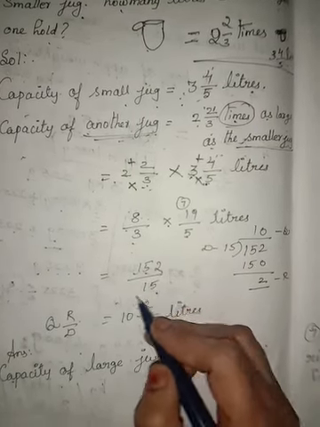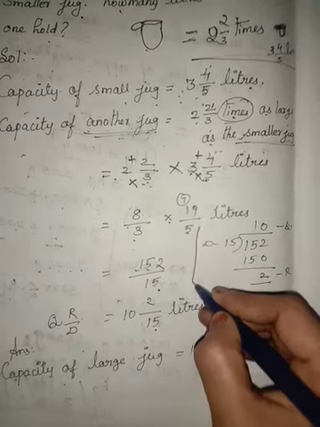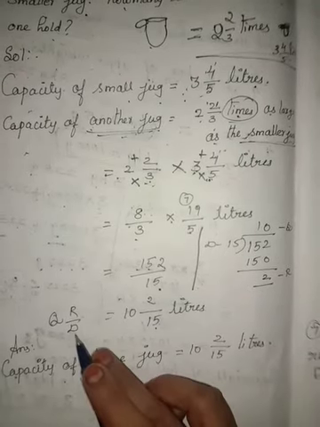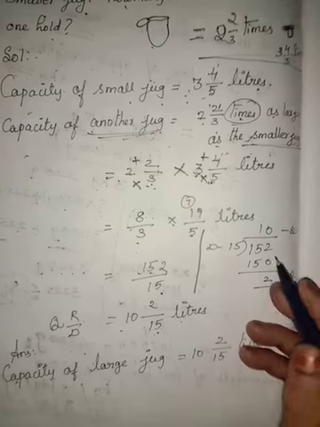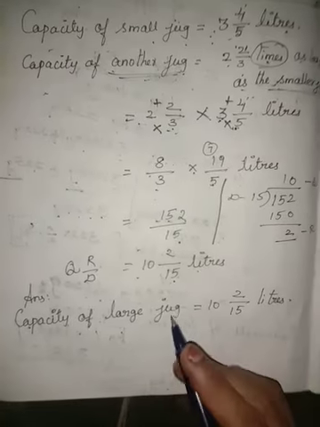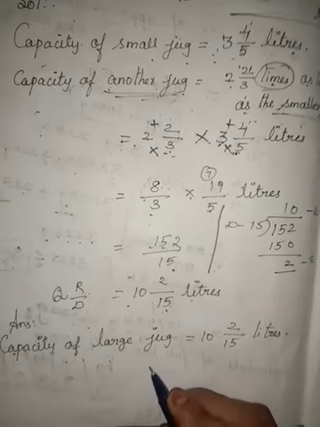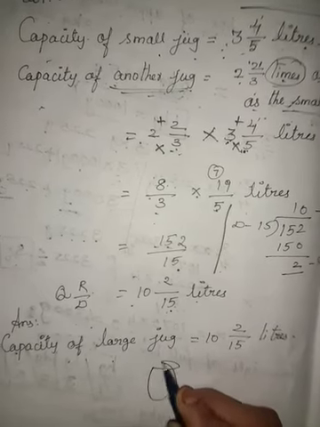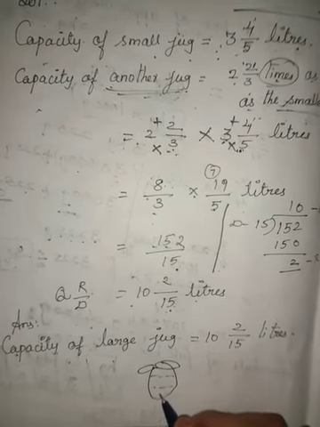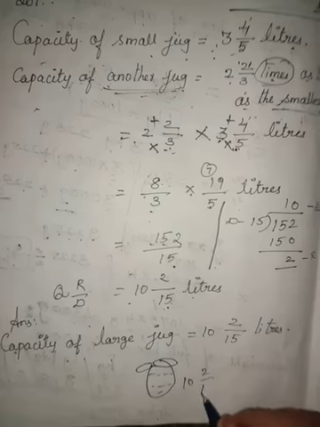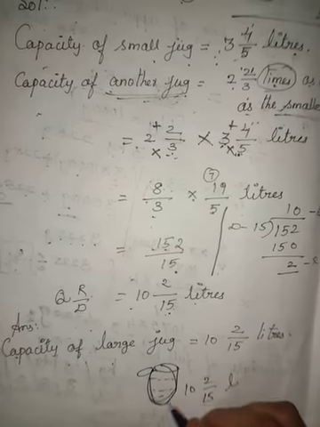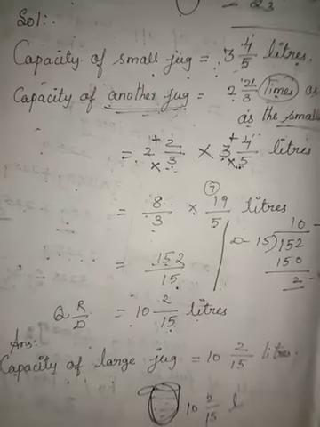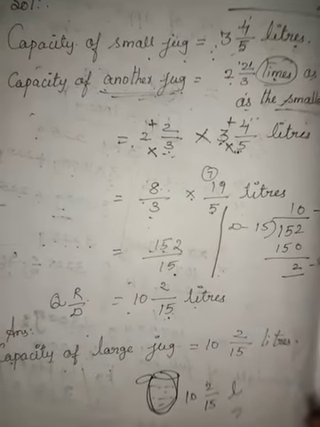So it is an improper fraction. We can convert it to Q R by D form, that is 10 2 by 15 liters. So now we can say that the capacity of the larger jug equals 10 2 by 15 liters.